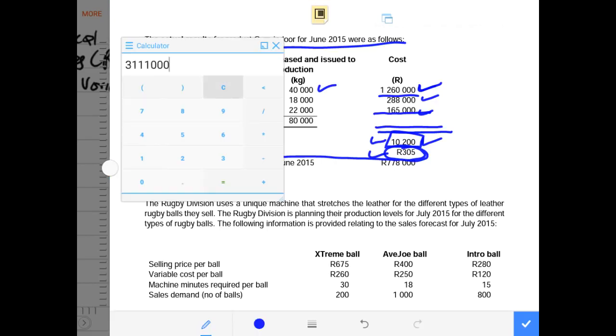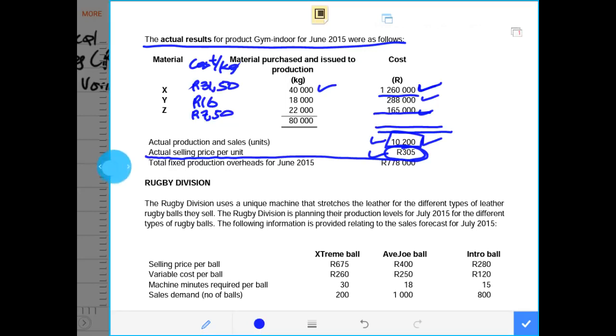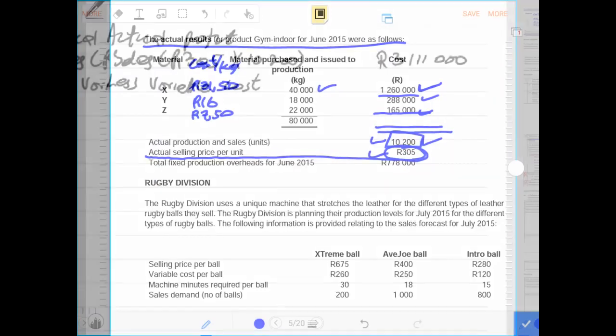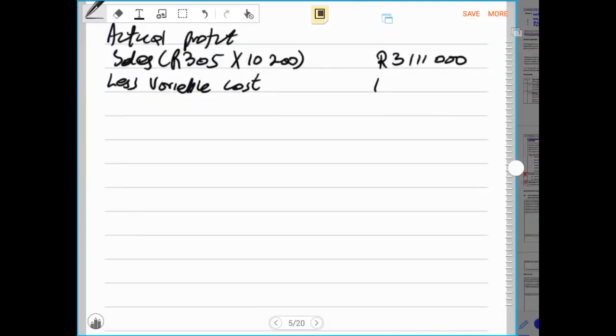So we just say 1,260,000 plus 288,000 plus 165,000, and this gives me 1,713,000 rands. That is my variable cost.